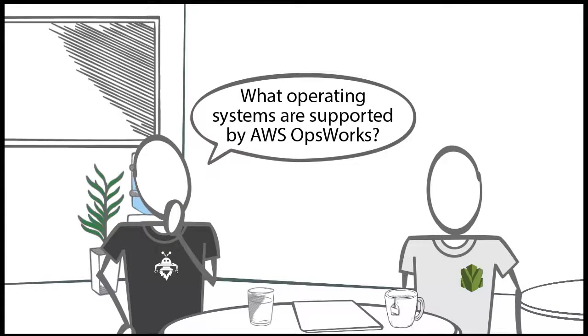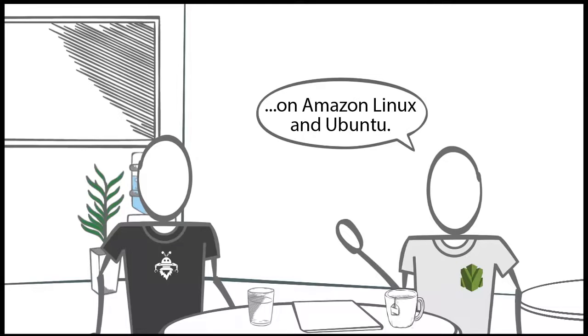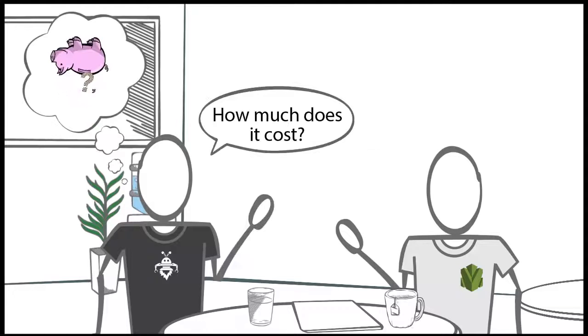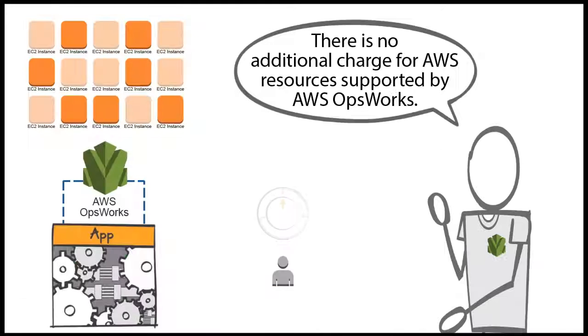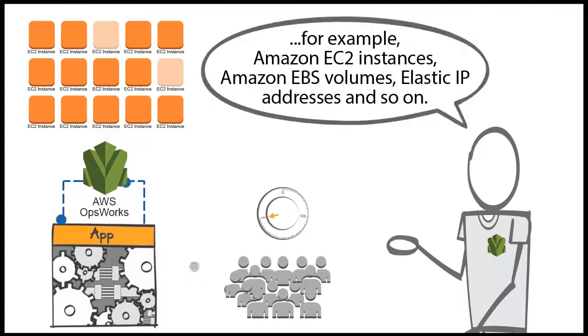What operating systems are supported by AWS OpsWorks? You can deploy your application in the configuration you choose on Amazon Linux and Ubuntu. How much does it cost? There is no additional charge for AWS resources supported by AWS OpsWorks. You pay for the AWS resources you create to store and run your application, for example, Amazon EC2 instances, Amazon EBS volumes, Elastic IP addresses, and so on.